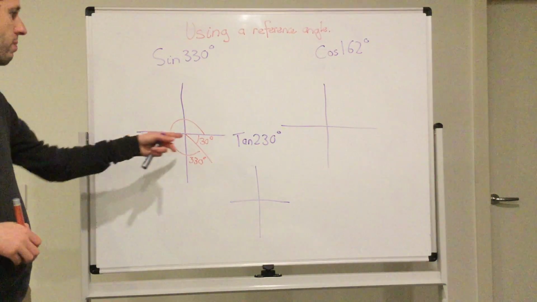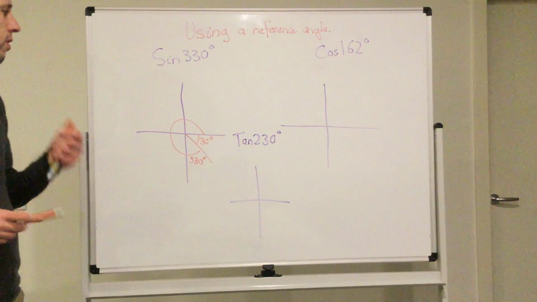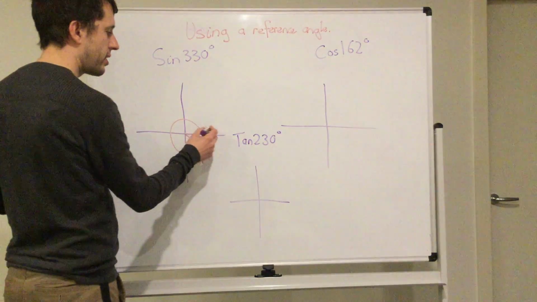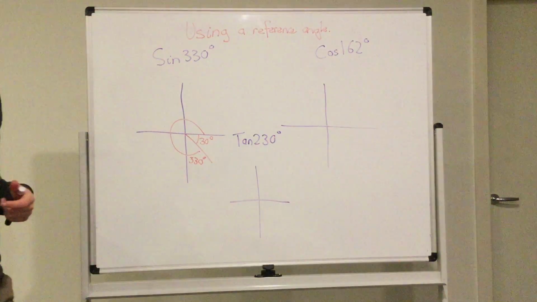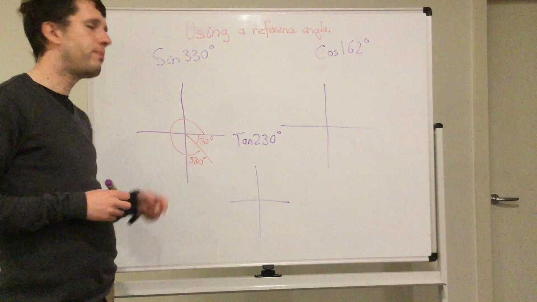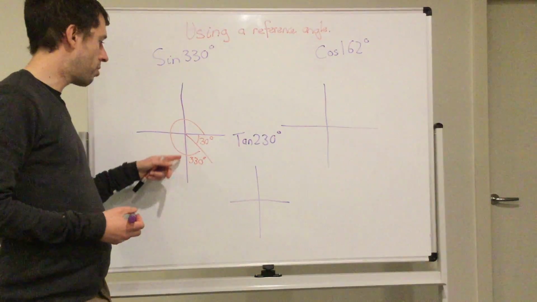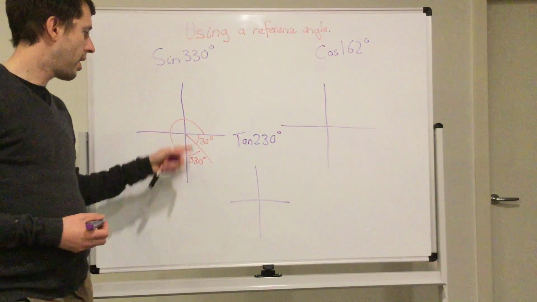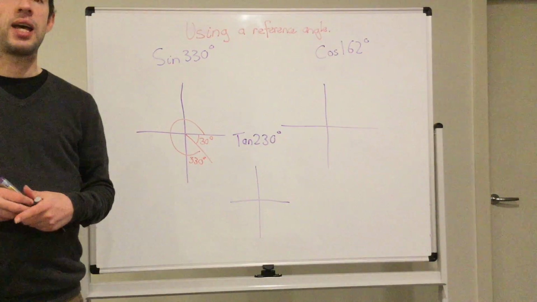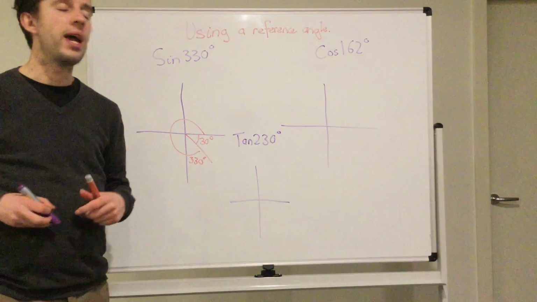So that is my reference angle, but the first thing I need to be thinking about is my x-axis. My x-axis refers to the adjacent line, which is cos. So I'm going to be looking at my y, and my y is my sine, because sine refers to the y-axis.